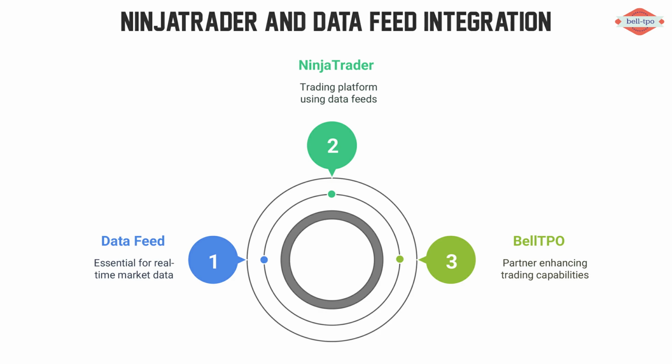When it comes to BellTPO, this is our special add-on indicator tools which we have developed on top of NinjaTrader, right? Tools like Bell Market Profile Ultimate, Bell Orderflow Ultimate, Bell Trend Analyzer, Bell VSA Pro, Bell Multi VSA, Bell Delta, Bell Dynamic Profile.